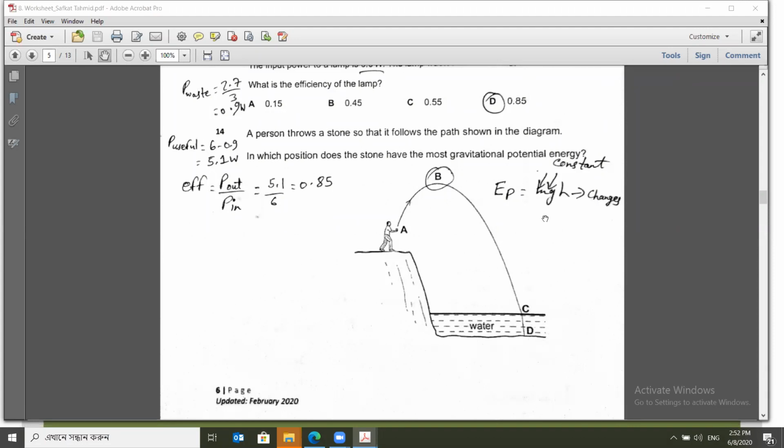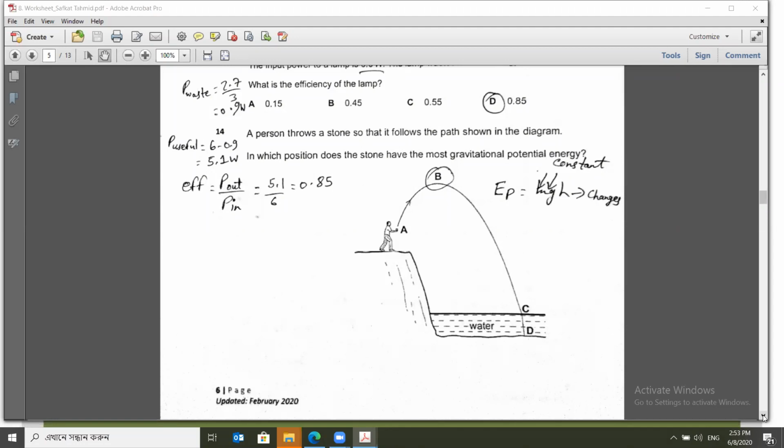Sir, because the mass of the stone is constant and g is also constant. So if we take another height, then we get another gravitational potential energy for the same stone, right? That's why h is important here for gravitational potential energy if we are using the same object.